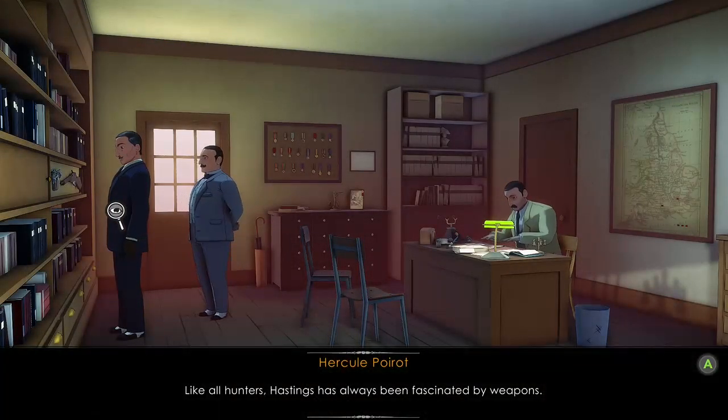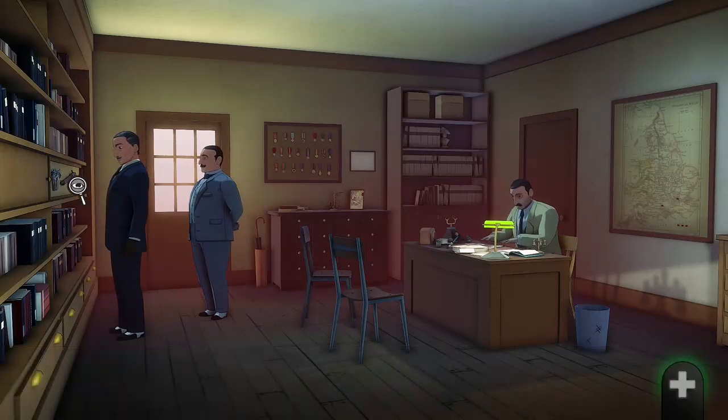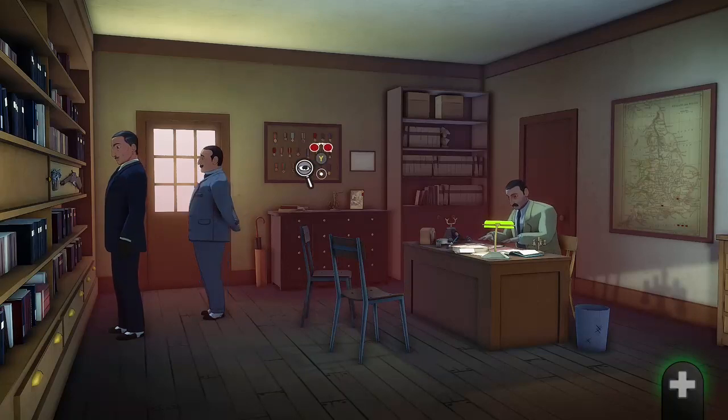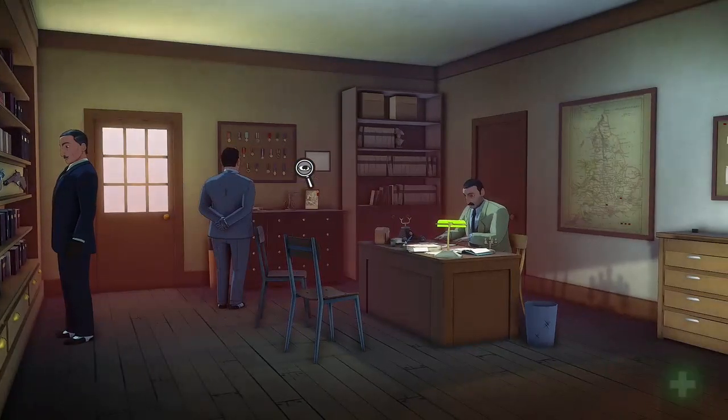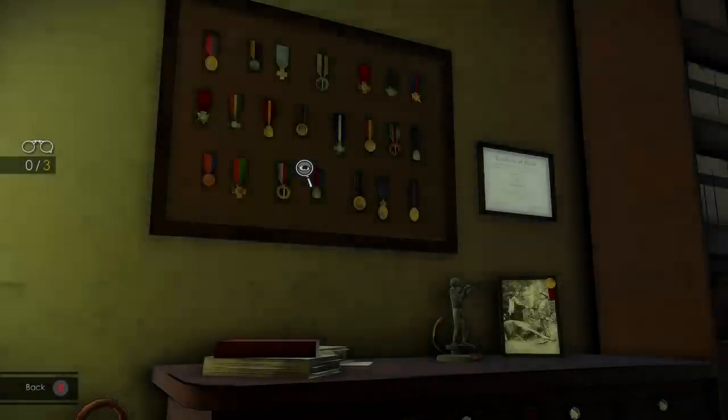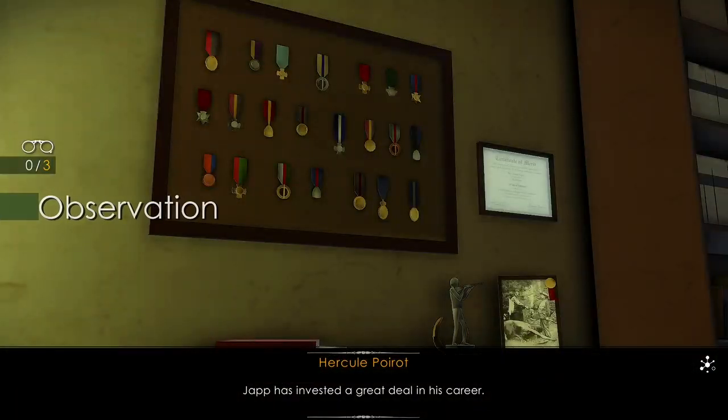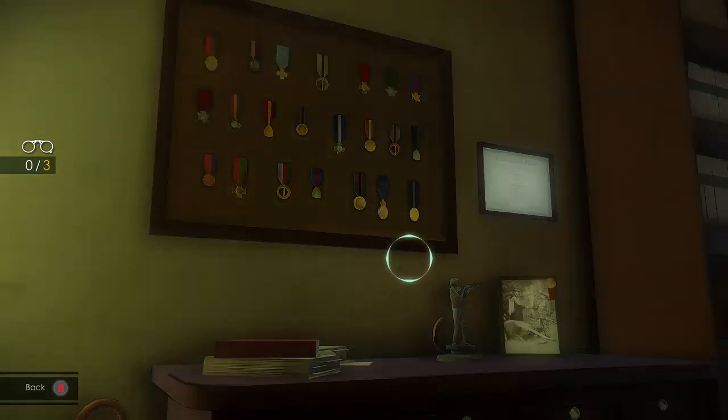Like all hunters, Hastings has always been fascinated by weapons. Lots of medals there. Japp has invested a great deal in his career.